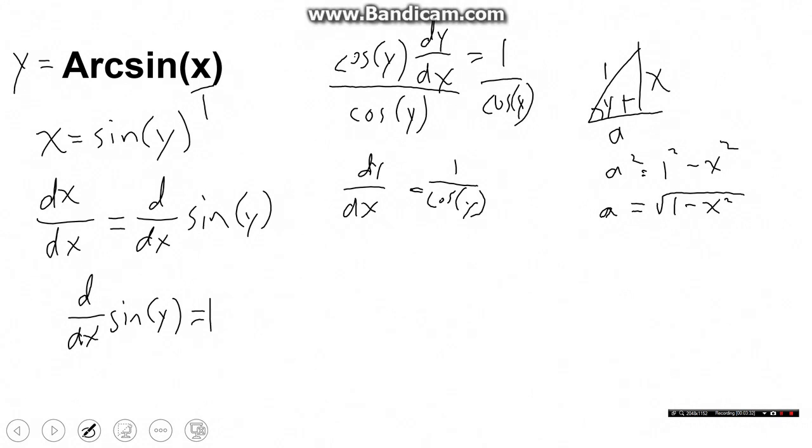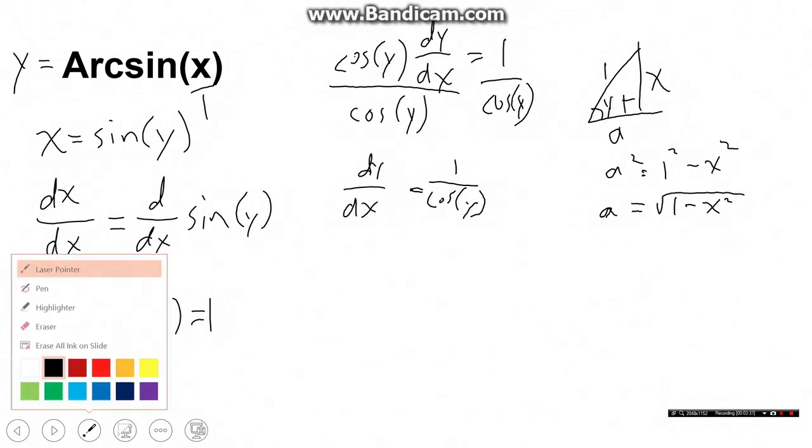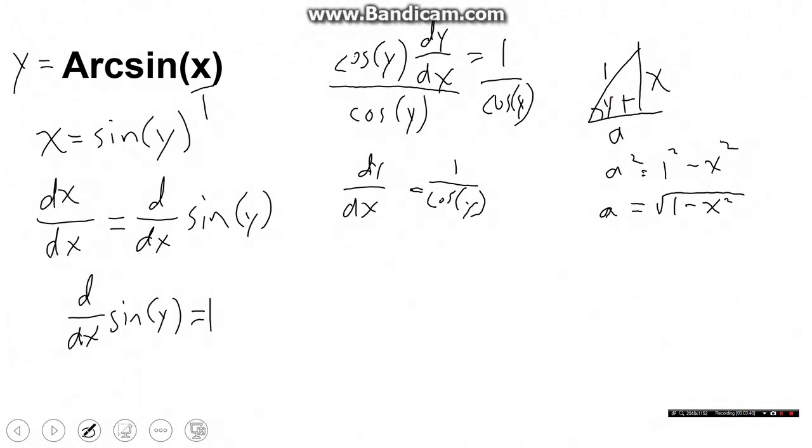Now we know that cosine of y is the cosine ratio of this angle y. So what we can do is substitute that for a over 1, which is just a. So therefore, dy over dx equals 1 divided by the square root of 1 minus x squared.